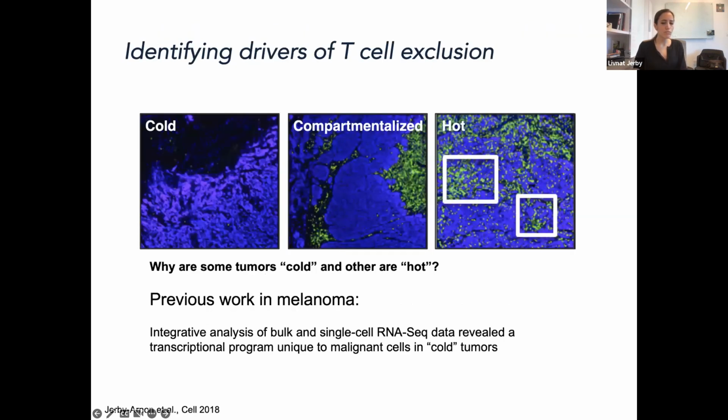And so one of my incentives to study what's happening in patients is because I think, number one, it can broaden the spectrum of our view and our perspective. A lot of our models are not really capturing what is happening in a patient.